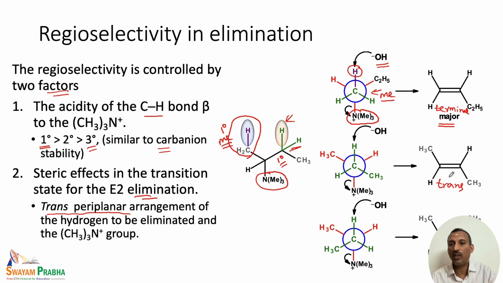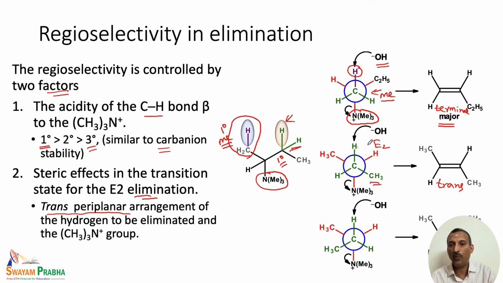So, how we get two types of alkenes can be shown from this particular diagram. In the Newman projection, when we look at the hydrogen which is present here, that is a CH3 unit, CH2, we have two hydrogens, and which hydrogen will be removed is basically governed by the E2 mechanism.